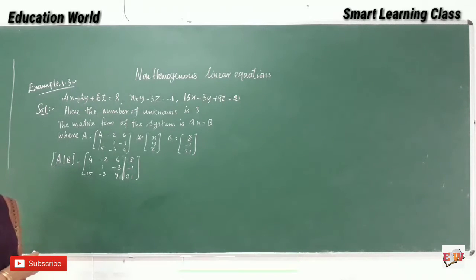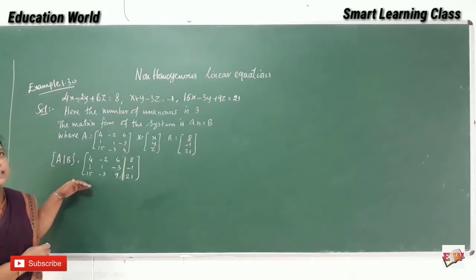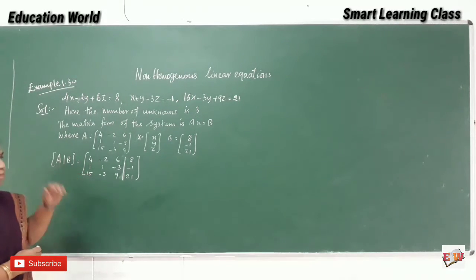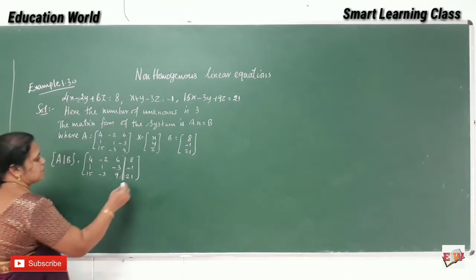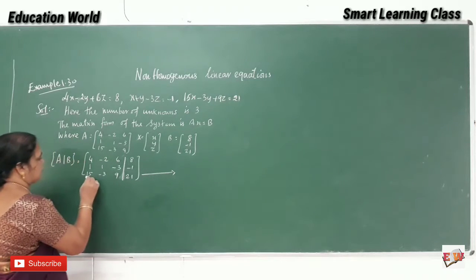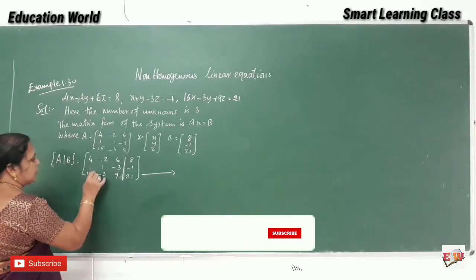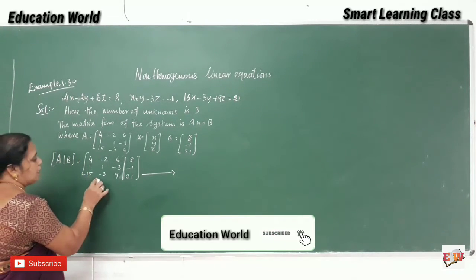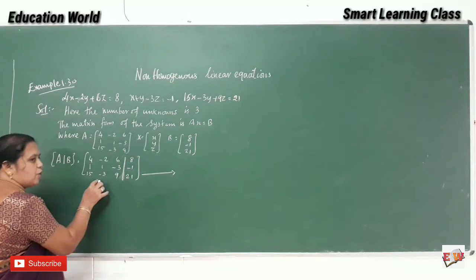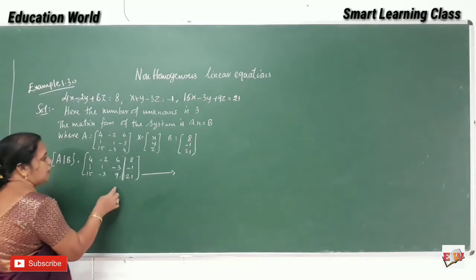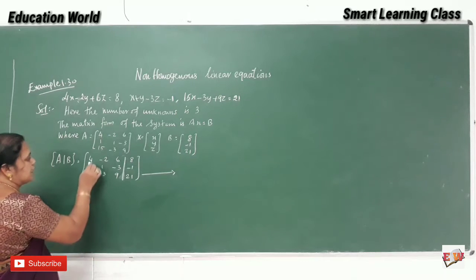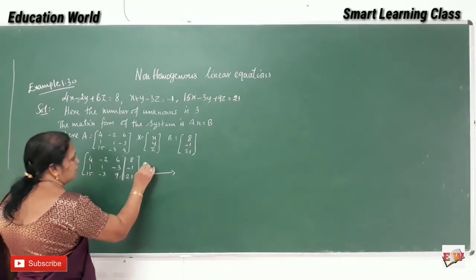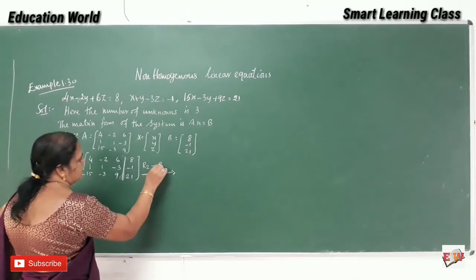Applying elementary row operations, we can transform this augmented matrix into row echelon form. Row echelon form means we have to bring these two entries of the first column and this one entry of the second column to 0. Before that, I am going to interchange row 1 and row 2.